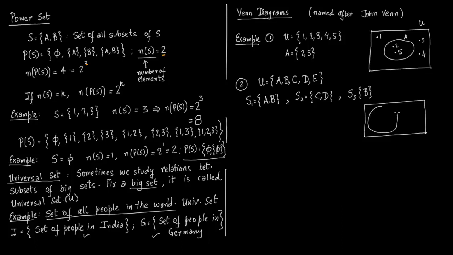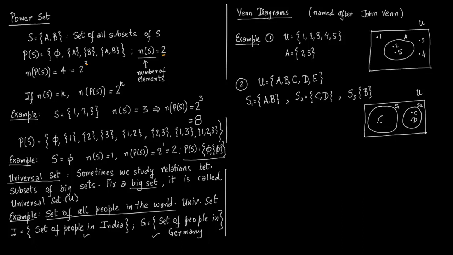And we have a couple of circles inside it. We have to draw 3 circles, one for S1, one for S2 and one for S3. Obviously S3 is contained in S1, and S1, S2, S3 are all contained in U. First I am writing S2, you have C and D. Then this big circle is S1.